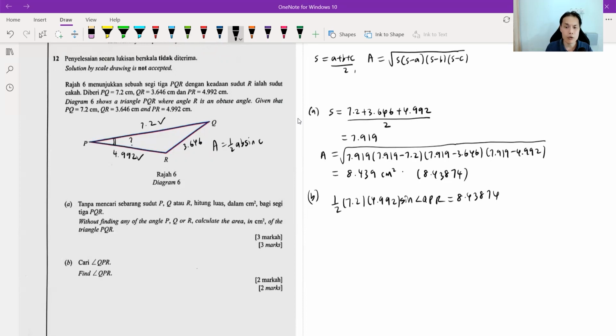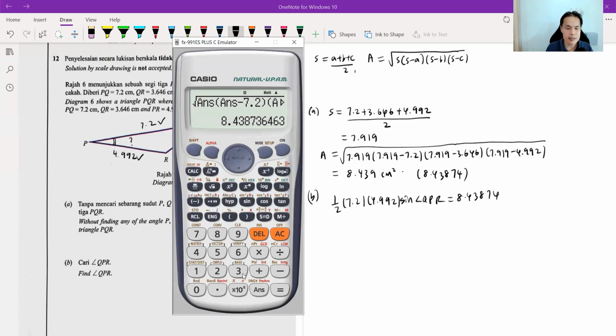If you take 8.439, I think it's good enough. So I'm going to take this answer, multiply by 2, divide by 7.2, divide by 4.992, press equals. Now, don't write the answer down first. Immediately use your calculator, shift sine, answer, equals. That would be the most accurate answer.